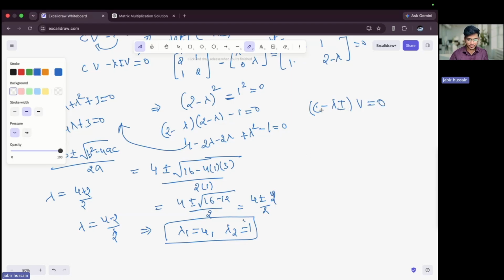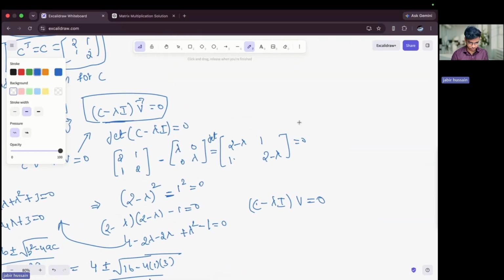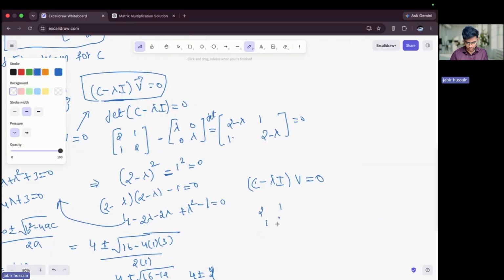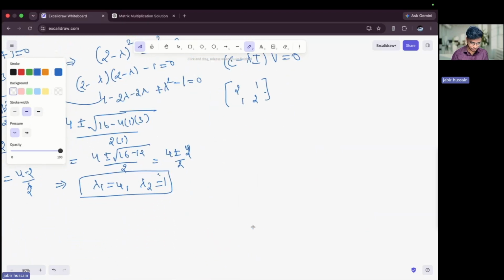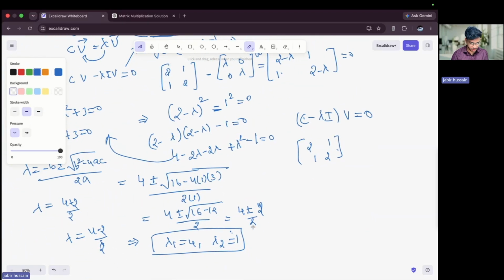And when you put the values here, you will get the answer, right? 2 1 1 2 minus 3 0 0 3 multiplied by (v1, v2) is equal to 0.